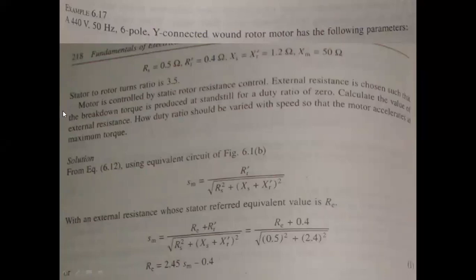And in the second problem, the stator to rotor turns is given as 3.5, and these are the values given. The motor is controlled by a static rotor resistance control. External resistance is chosen such that the breakdown torque is produced at standstill for a duty ratio of 0.